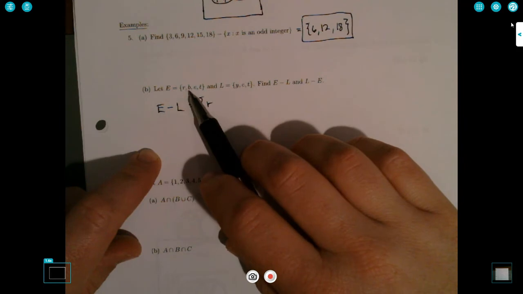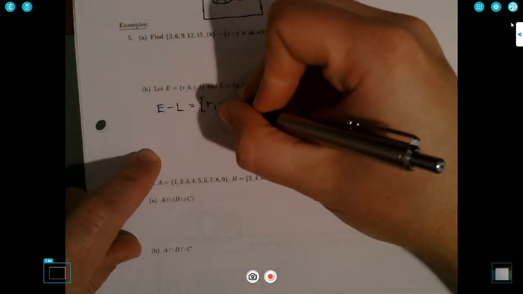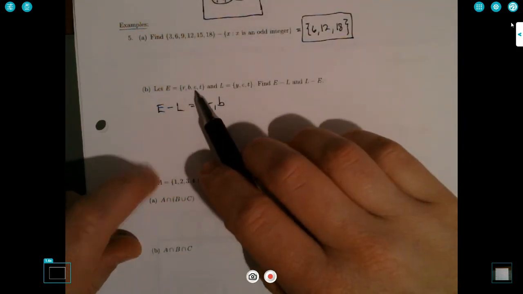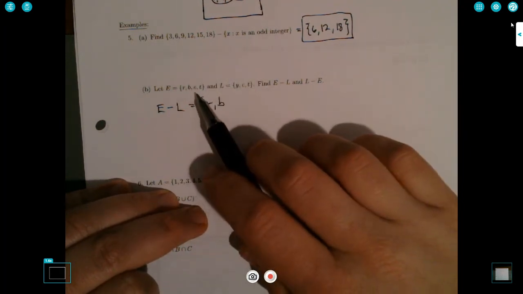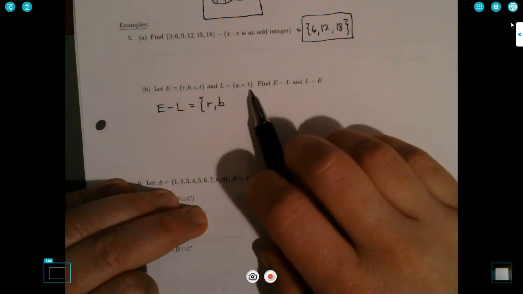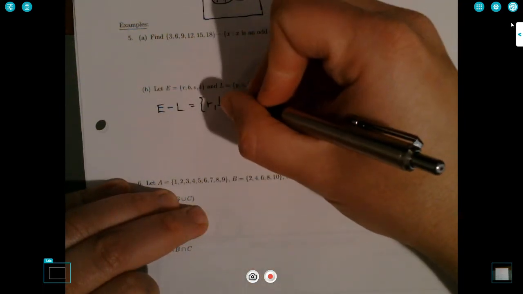B is in E, and it's not in L, so B can stay. E is in E, but it's also in L, so we've got to kick it out. T is in E, but it's also in L, so we've got to kick it out. So E minus L is just {R, B}.